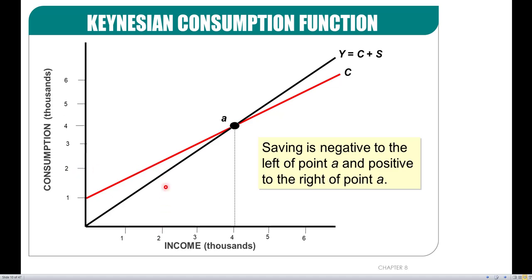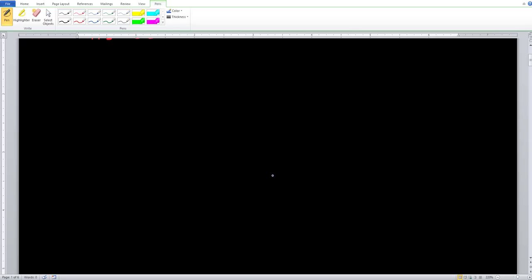If we have $3,000 of income, we have $3,000 of consumption, and so on down the line. $6,000 of income, $6,000 of consumption. So this black line is exactly a one-to-one relationship. For whatever income that we have, we are immediately going to consume it. There is no savings on this line at all. So something to be aware of with our benchmark line.